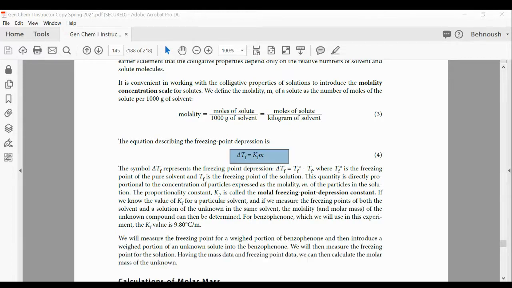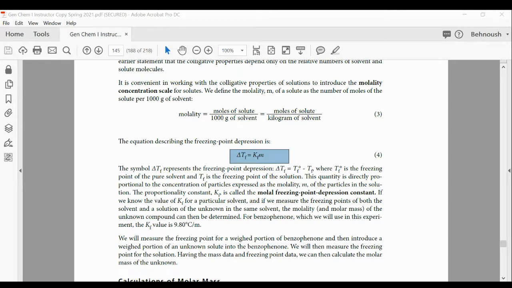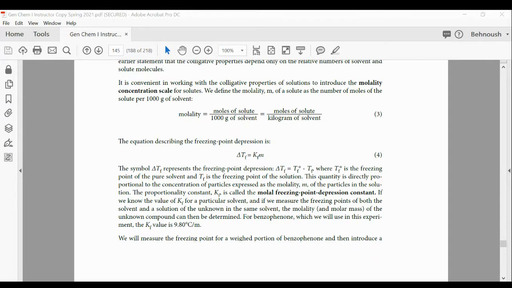So you can find the number of moles, because the kilogram of solvent, if you use 10 grams, would be 0.010 kilograms. If you use 15 grams, it would be 0.015 kilograms, right? You have the mass of the solvent; you just have to change that to kilograms.